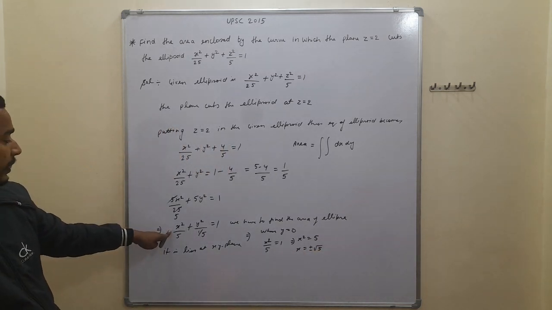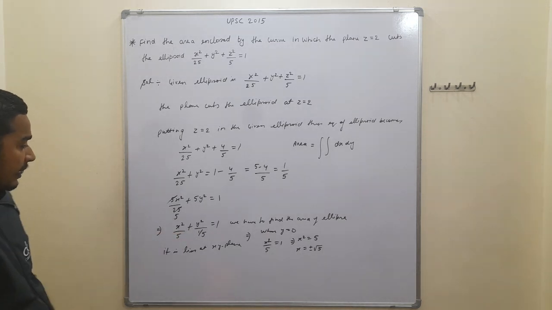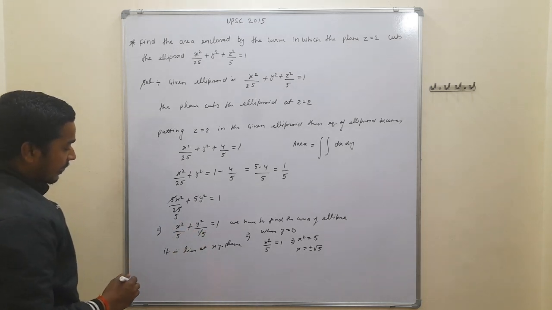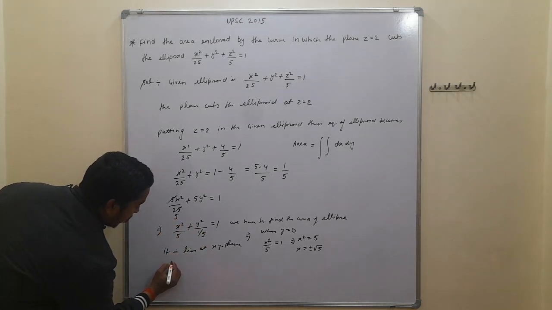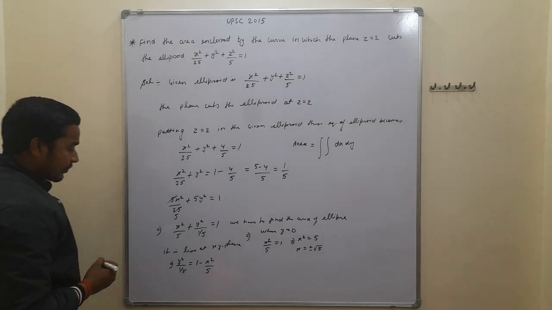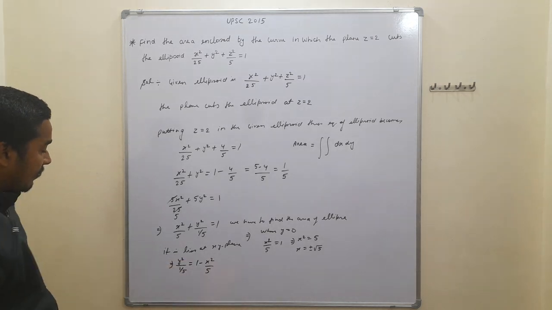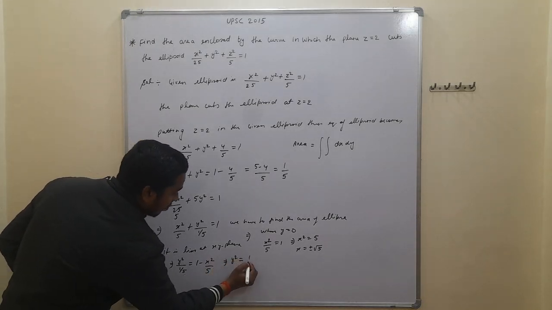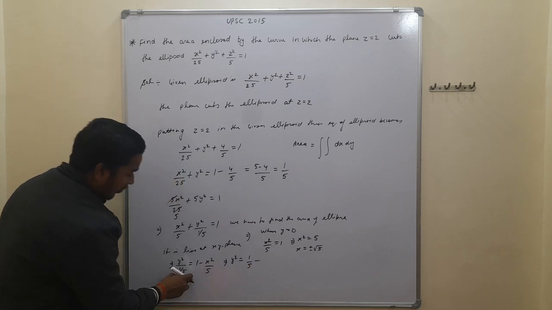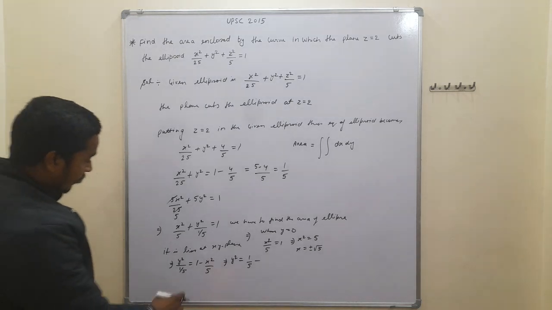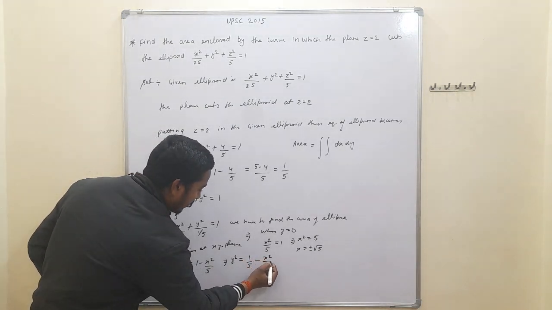And from here we can find the value of y. Putting y square upon 1 by 5 is equal to 1 minus x square upon 5, multiplying by 1 by 5, y square is equal to 1 by 5 minus x square upon 25.